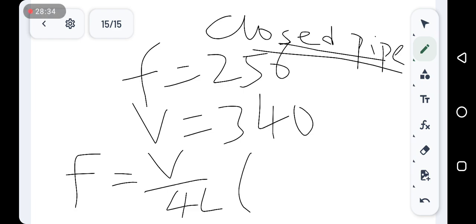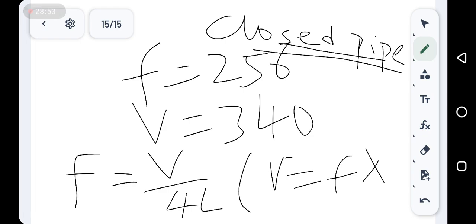This comes from our initial formula, remember that V is equal to F times wavelength.